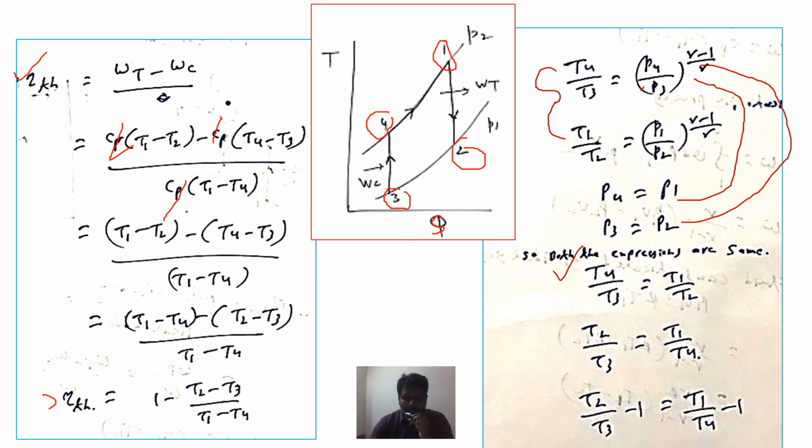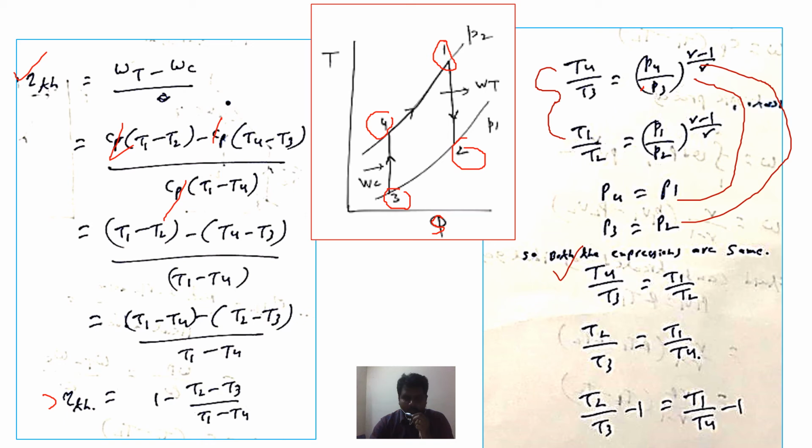We can write it as this equation: T2 minus T3 divided by T3 equals T1 minus T4 divided by T4. The same equation we can write as, if you take T4 this side and T1 minus T4 this side, T2 minus T3 divided by T1 minus T4 equals T3 by T4. But T3 by T4 equals T2 by T1.